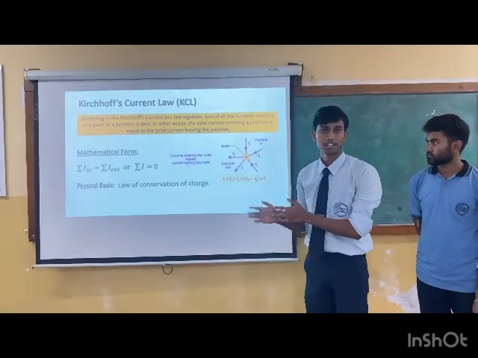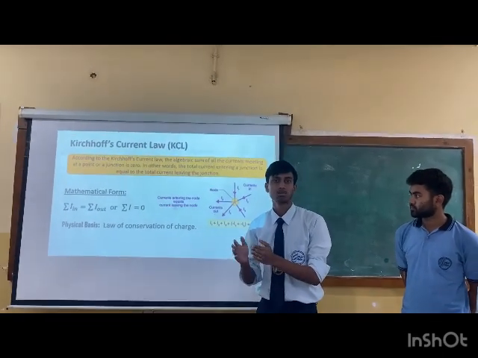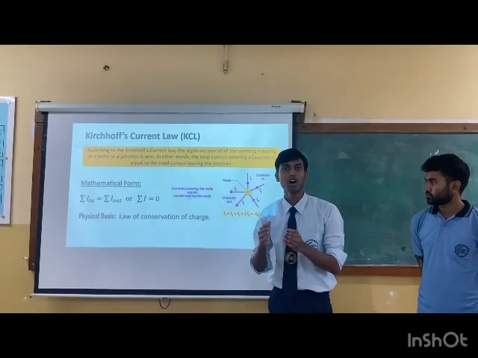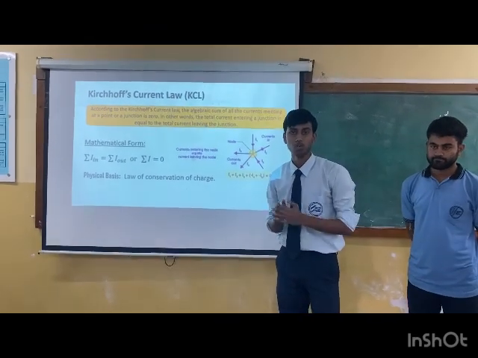According to Kirchhoff's current law, the algebraic sum of the total currents through a node equals 0.